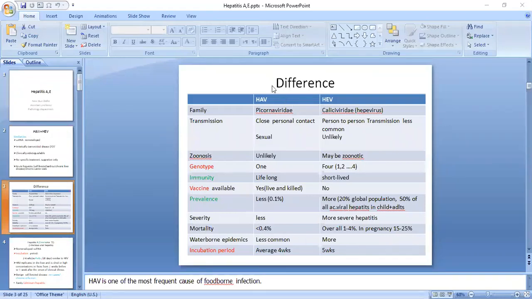The severity of hepatitis A is less, while E is more severe, particularly in pregnant females.